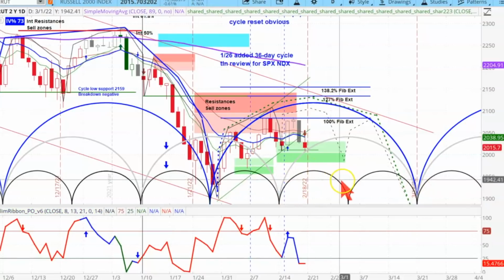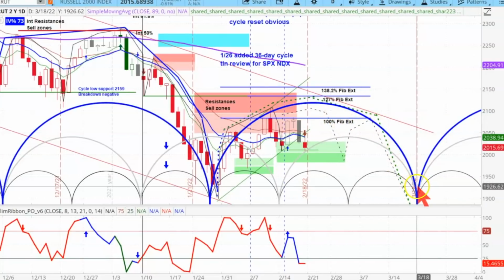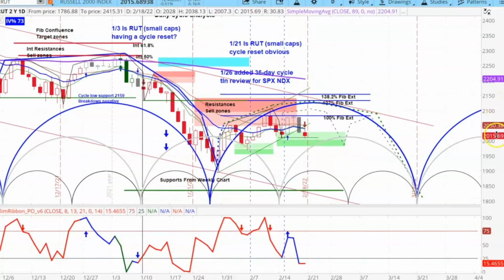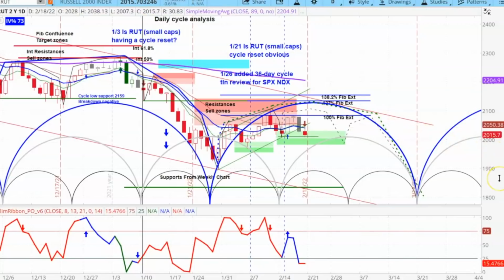So you have this minor cycle completion and then another one coming here that joins in with these other cycles. And there is potential risk for big selling coming out here into this period from about the first week of March out to the last week of March. So that shows the risk in the Russell.